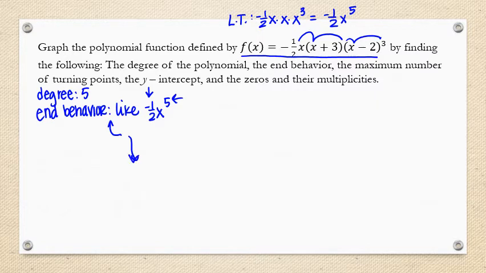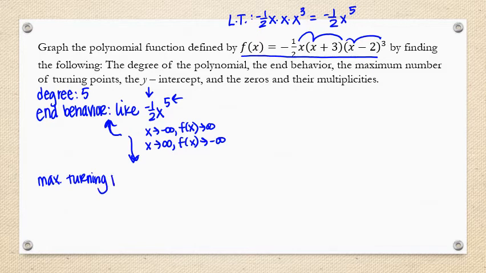As x approaches -infinity, the function approaches positive infinity. And as x approaches positive infinity, the function goes down towards -infinity. The max number of turning points is 1 less than the degree. So 1 less than 5 is 4.